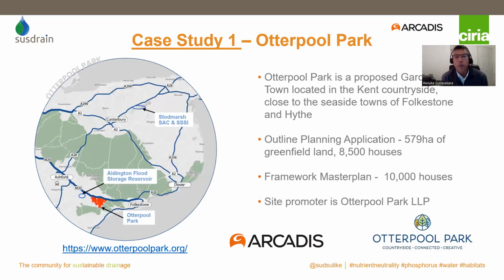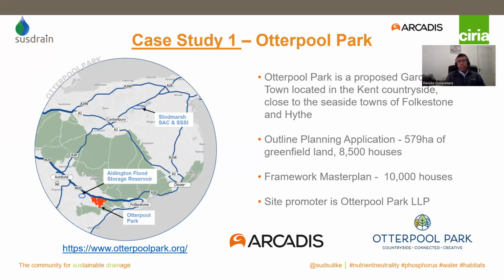So this is Otopul Park, which is in South Kent, near Folkestone. The outline planning application aims to deliver 8,500 homes, and the wider framework aims to deliver 10,000 homes and the infrastructure.